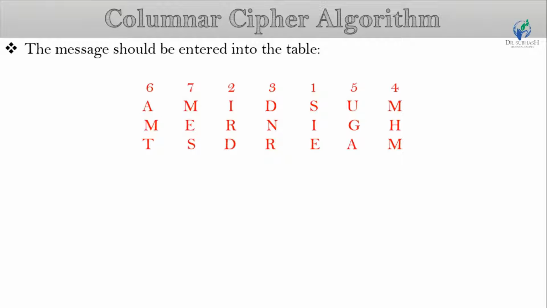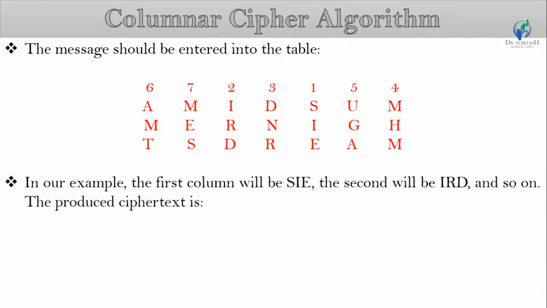Above the message, there are numbers derived from the keyword. These numbers determine the order in which the columns should be read from top to bottom to produce the cipher text. In our example, the first column should be SIE, like this.